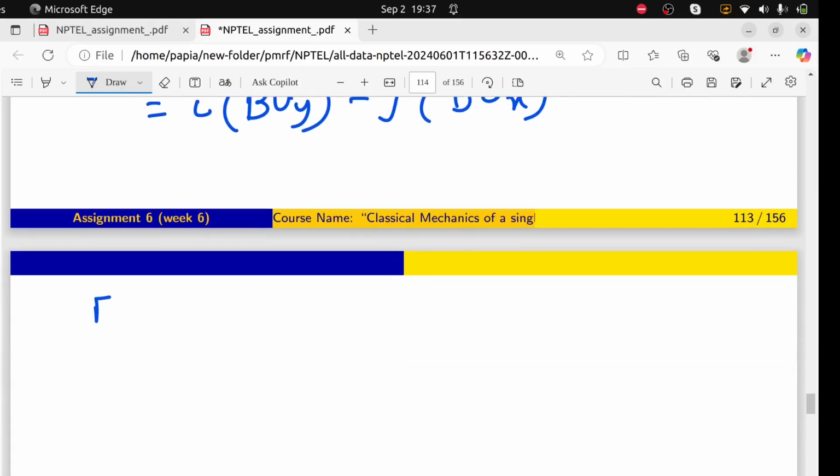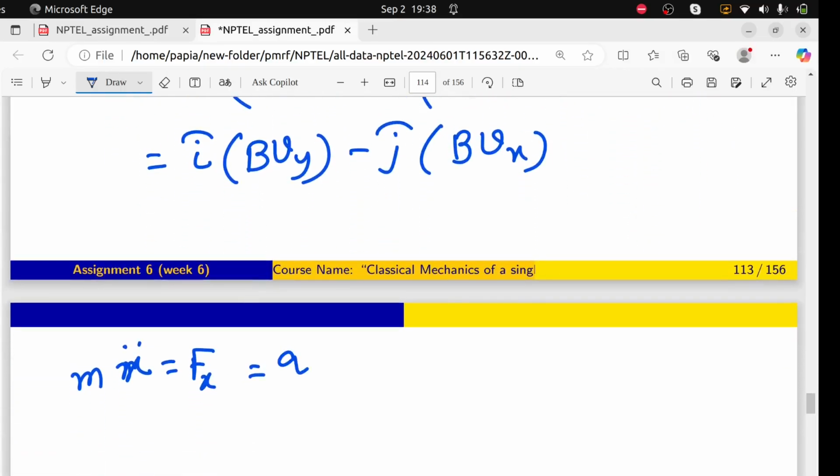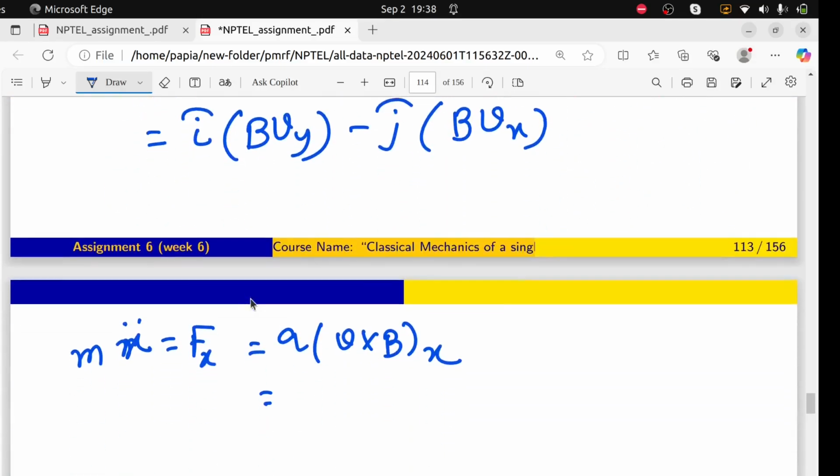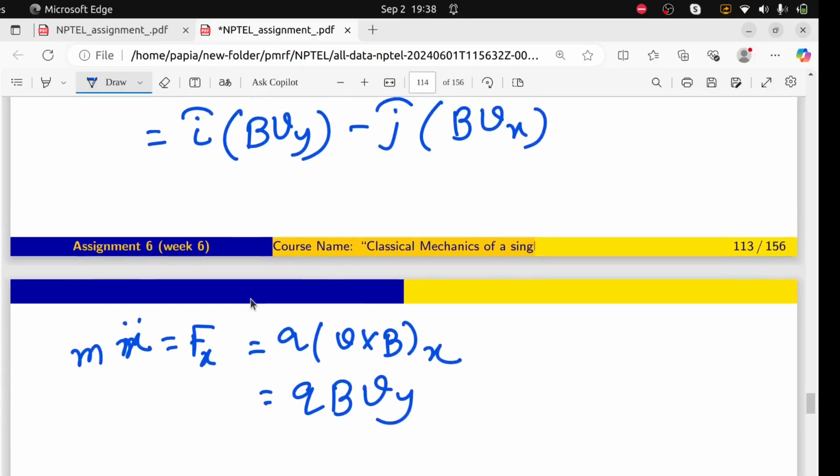So for the x-axis, m x double dot equals fx, and fx is q into v cross B of x. Okay, so it will be simply q B Vy, right?